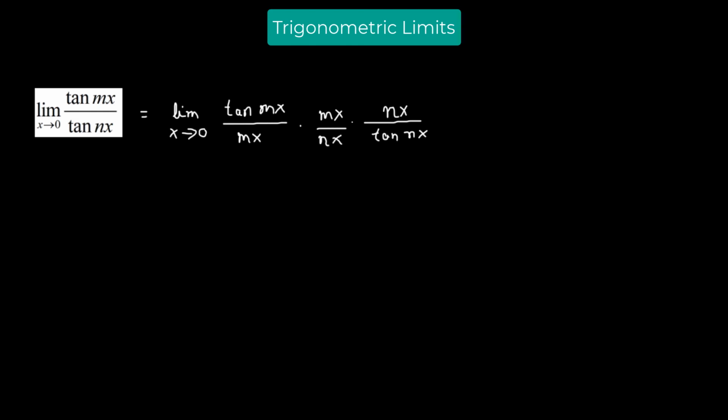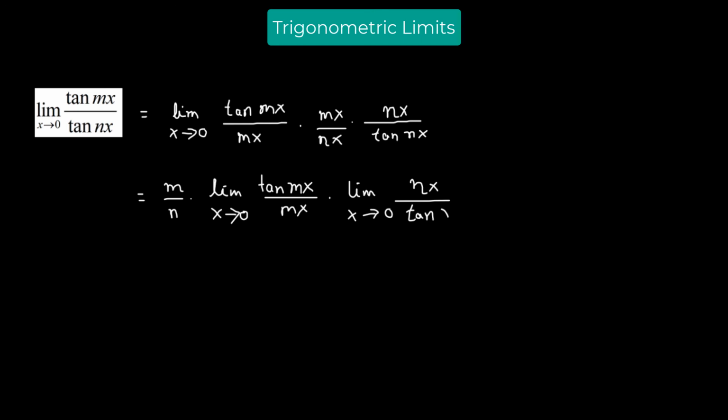So mx over nx, the x gets cancelled out, leaving us with m over n, times the limit as x goes to 0 of tan mx over mx, times the limit as x goes to 0 of nx over tan nx.